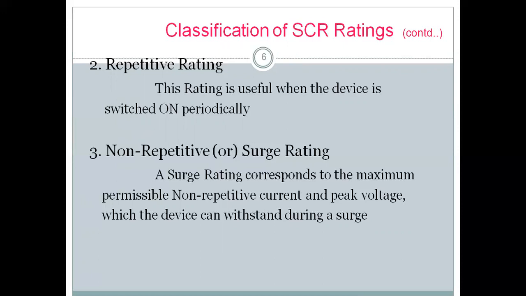Such a rating corresponds to the maximum permissible non-repetitive current and peak voltage which the device can withstand during a surge. During this condition, the junction temperature exceeds the permissible value for a short time only.